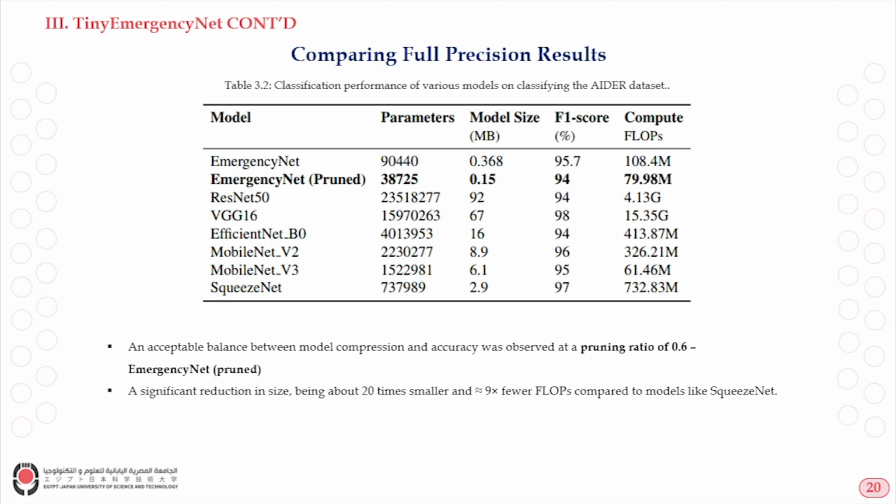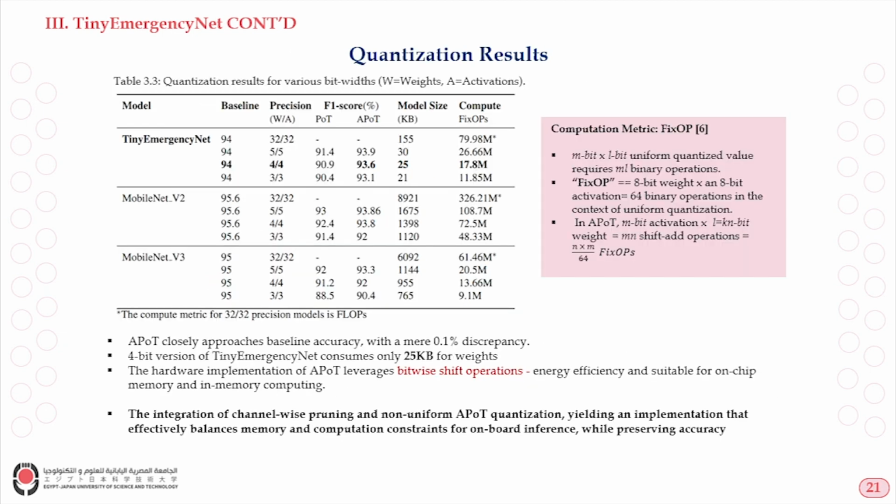Okay, so after this, we compare the result that we got from quantization aware training using the additive powers of 2 quantization. We tested with 5 bits, 4 bits, and 3 bits. I have highlighted 4 as the most efficient in this case. We achieved an F1 score of 93.6.